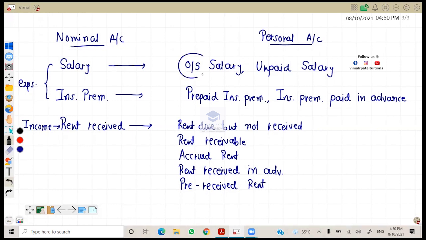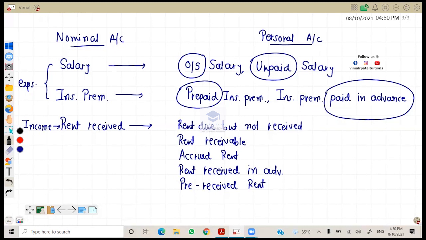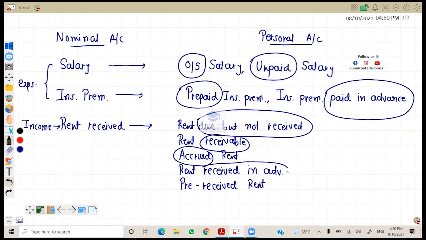So you should go for this prefix or suffix: outstanding, unpaid, prepaid, paid in advance, due but not received, receivable, accrued, received in advance, pre-received, और कोई भी word होए, बराबर, then the expense or income will be treated as personal.